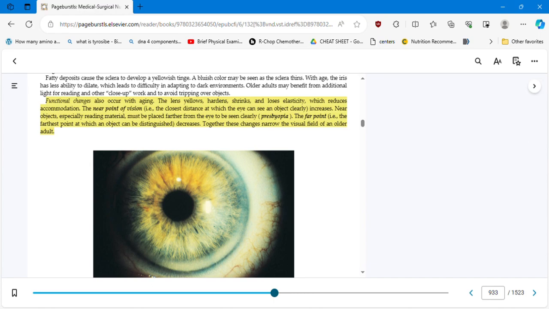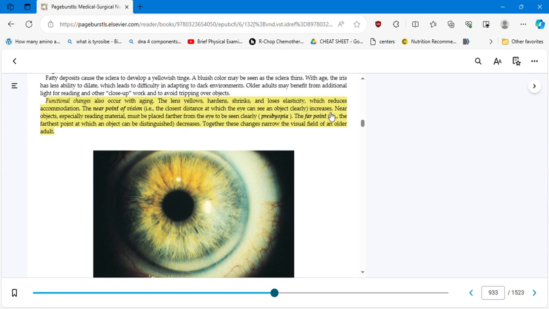So the doctor is going to put the finger in front of your eye and is going to ask you to switch. Please look at the wall, look at my finger, look at the wall, look at my finger. That's fastest accommodation.